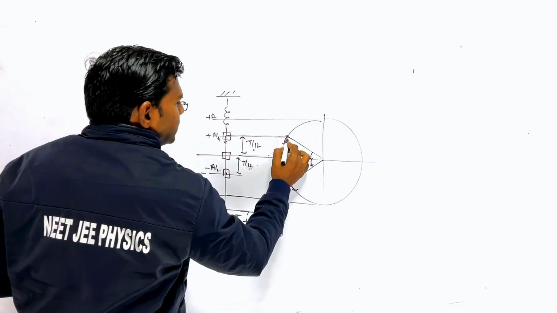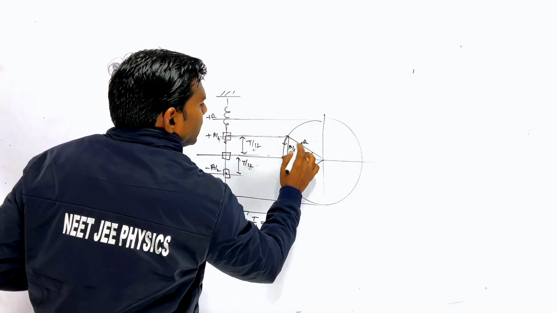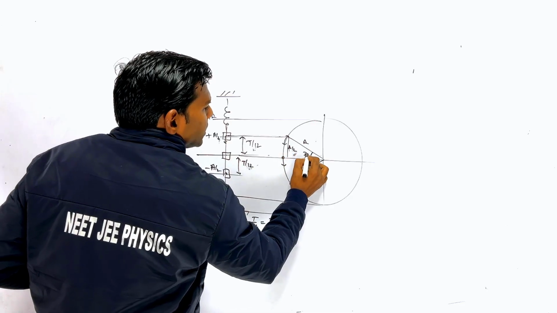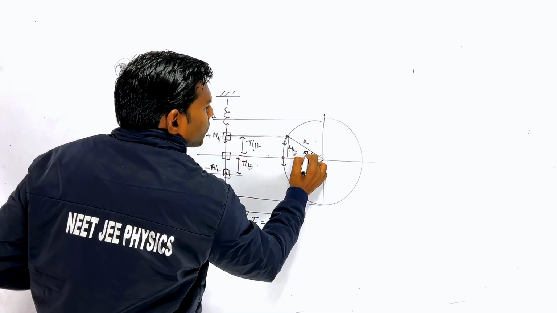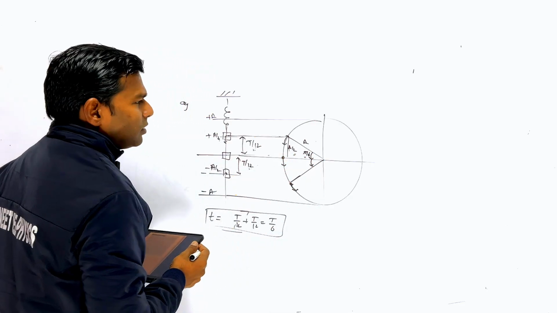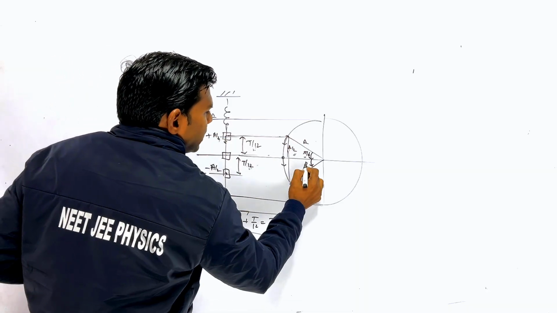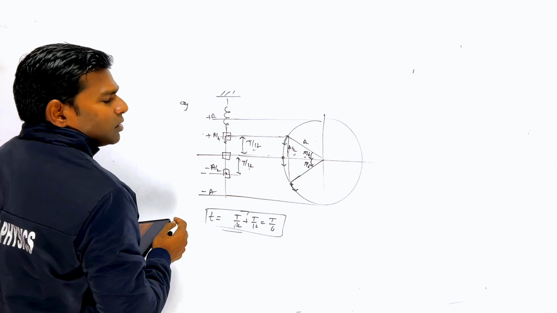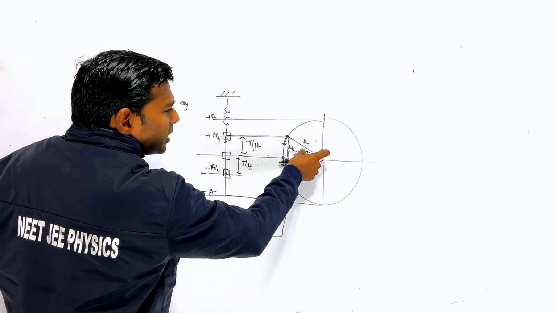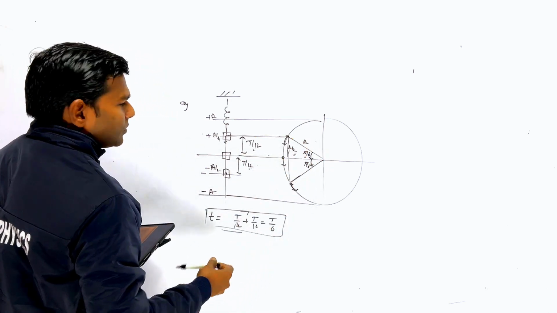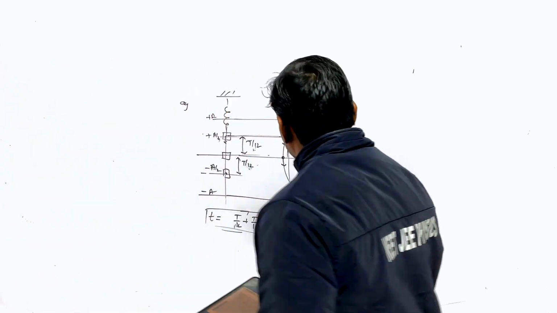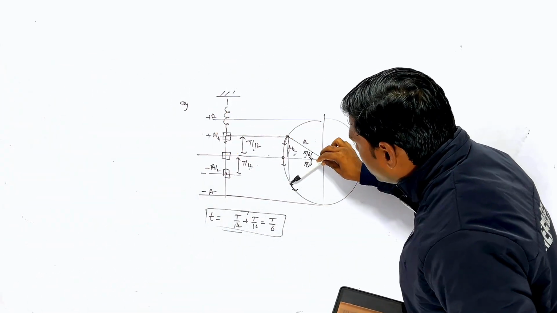If the distance is A by 2, and this is A, what is this angle? Pi by 6. So this angle is pi by 6. From here to here, what phase angle did he cover?